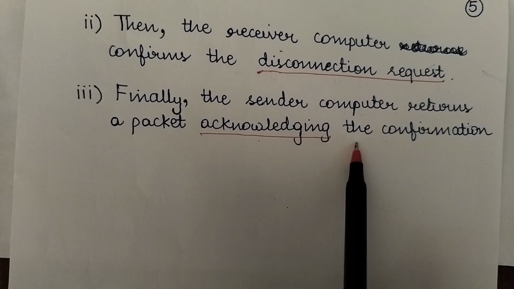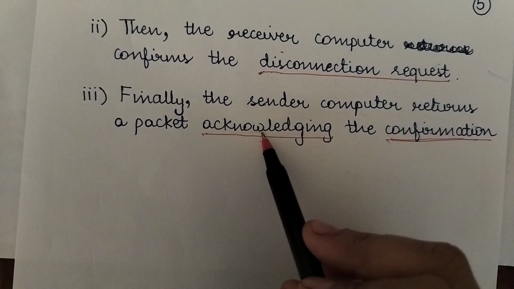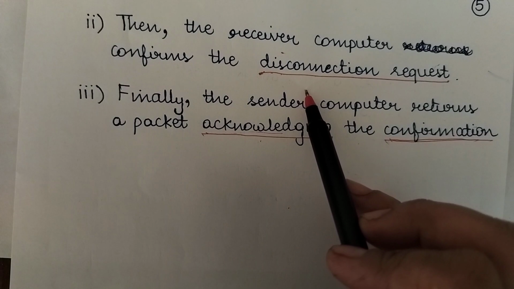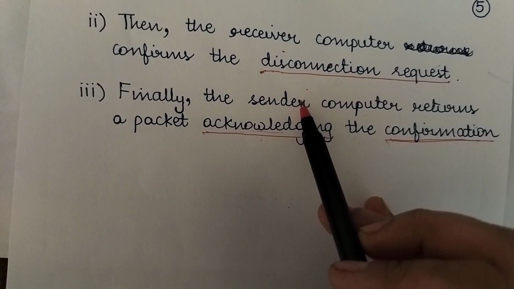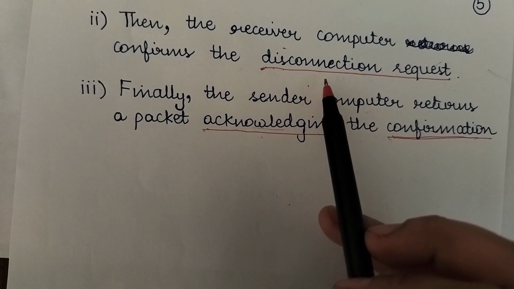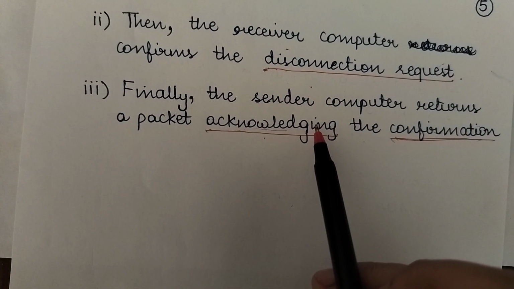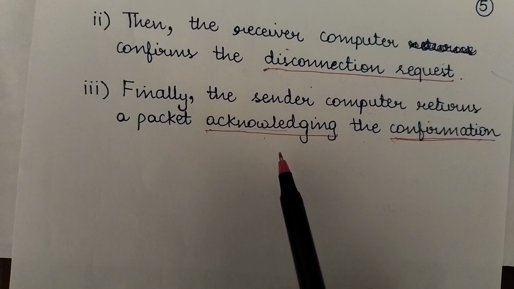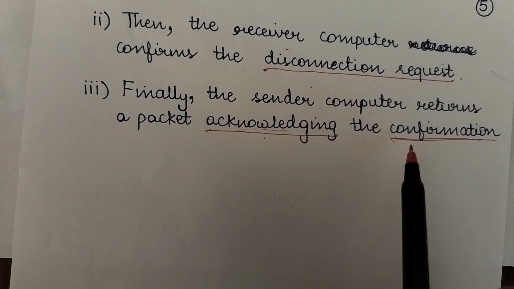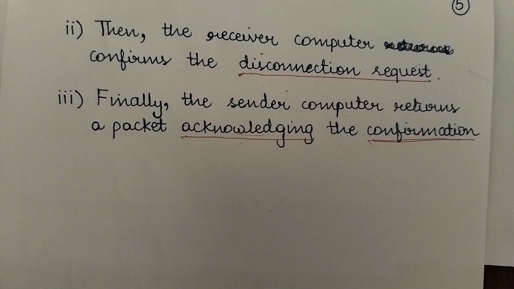So the receiver computer, on receiving the disconnection request packet, will confirm the disconnection request, and the sender computer returns a packet acknowledging the confirmation for the disconnection, and after this, the connection is terminated. So this is how connection-oriented services work.